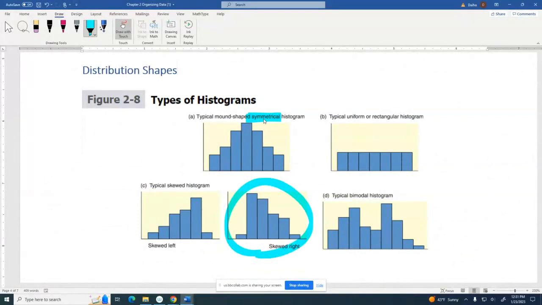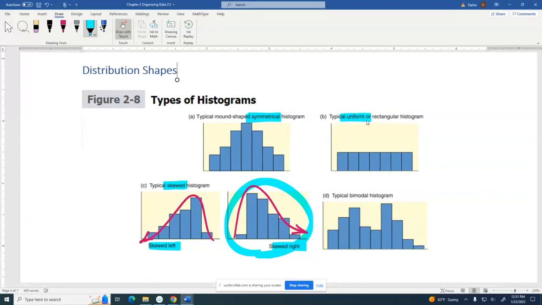This one is our case, skewed to the right. This one to the left. I always confuse right and left, so I always look for where the longer tail is. This one has the longer tail to the right, this one to the left. It's non-symmetrical, skewed.